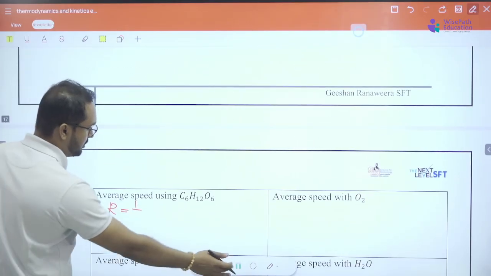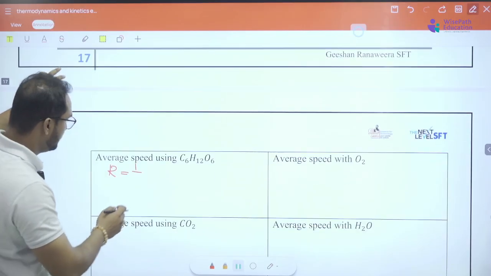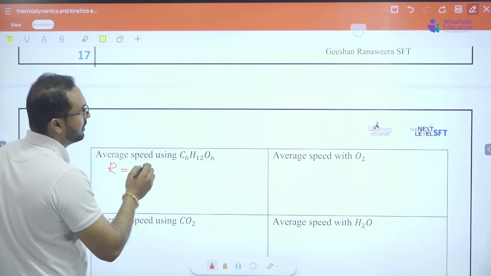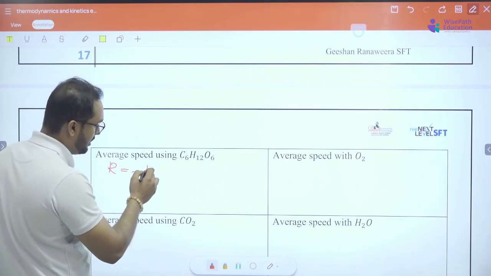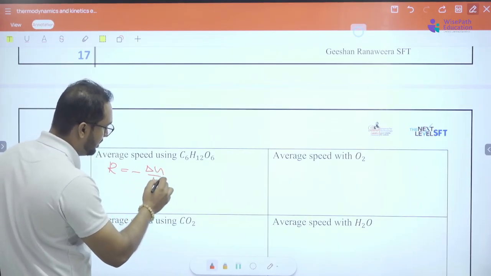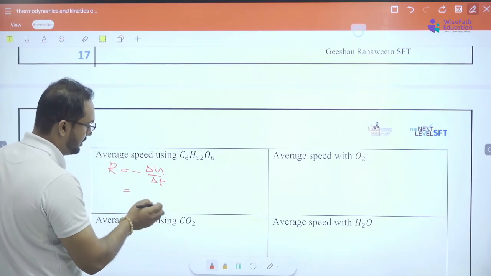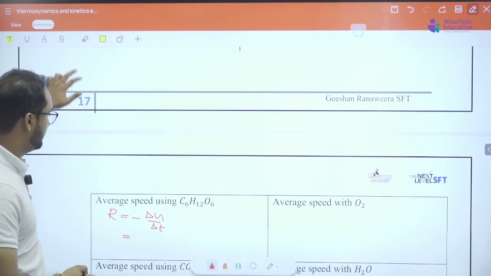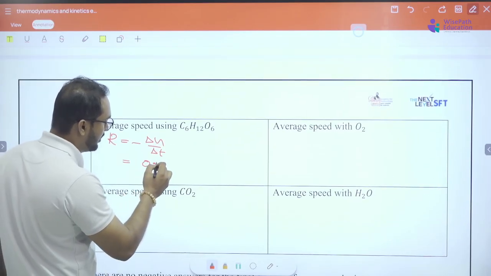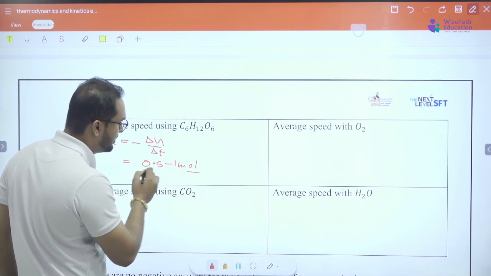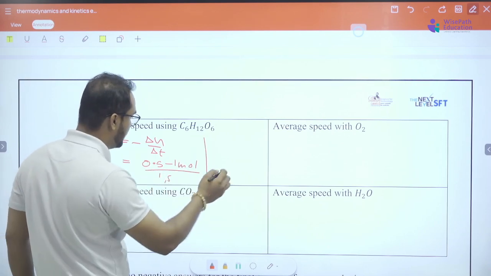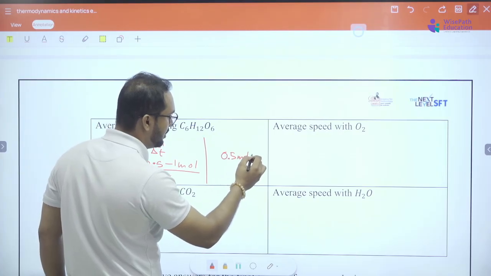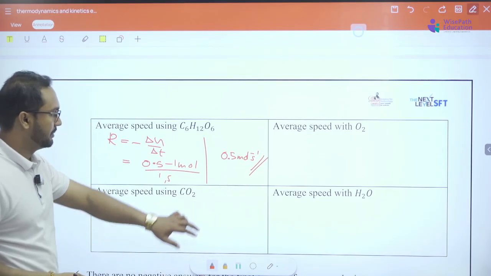There is no stoichiometric ratio, so it's just minus delta N over delta T. The final is 0.5 and the initial is 1. So 0.5 minus 1 mole, and the time is 1 second, right? And the rate is how much? 0.5 mole per second, right? 0.5 mole per second.